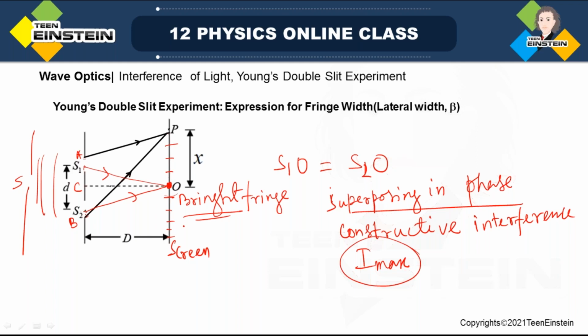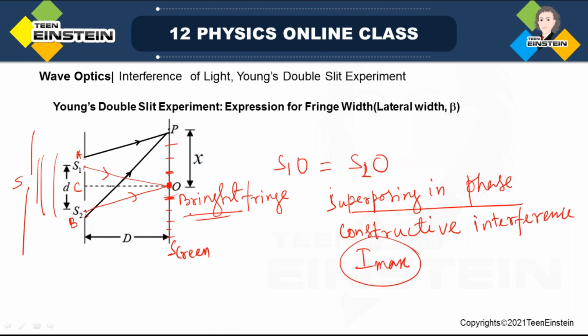Fringes will be produced on both sides. The first fringe on both sides will be dark, because the central one is bright. So alternately, bright, dark, bright fringes will be produced on both sides.